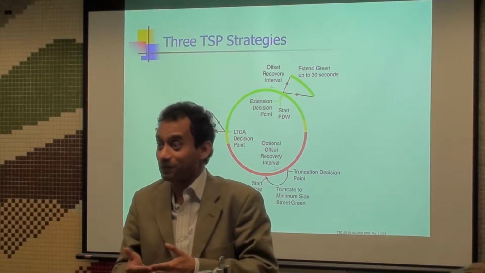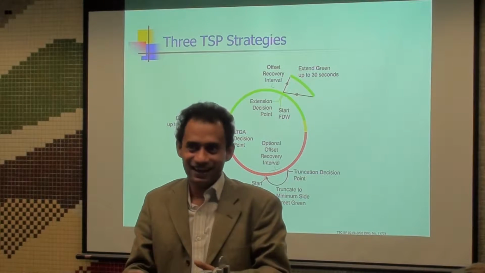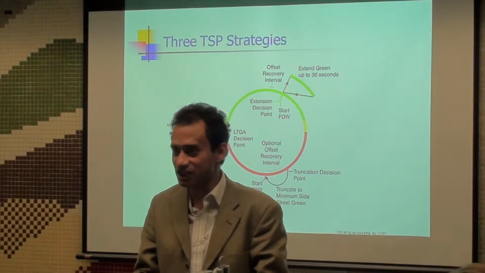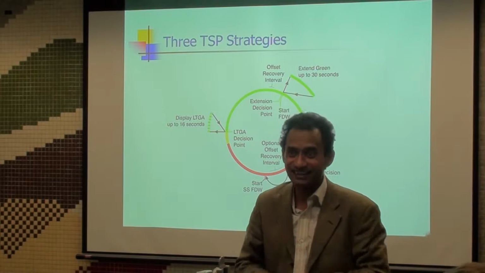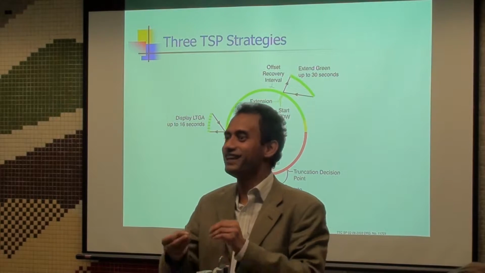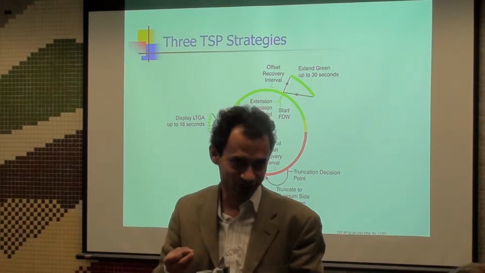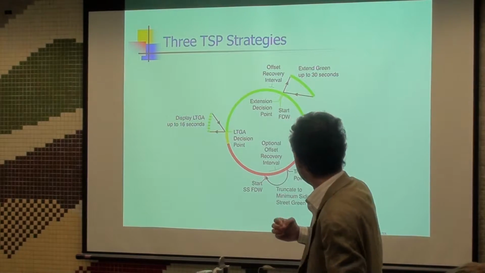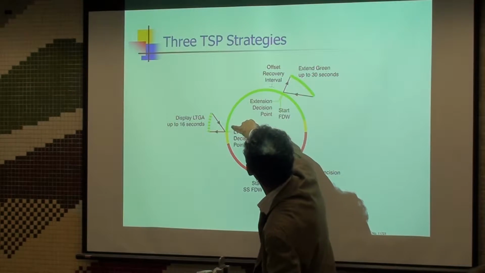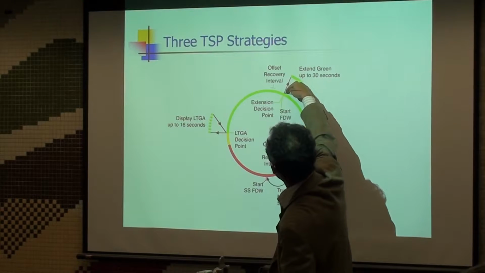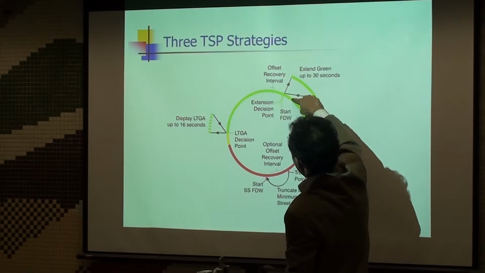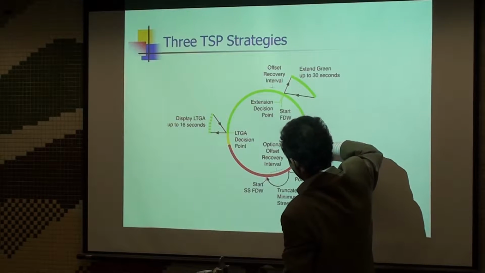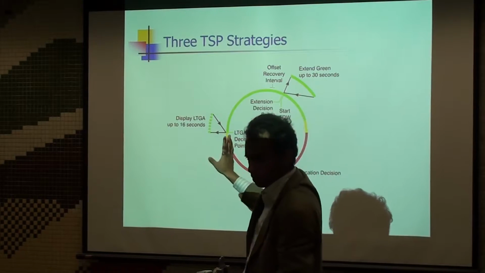And once your priority is given and the bus passes through that intersection, you also have to do offset recovery, recovering what you have done. So mainly it is green extension, some sort of signal priority, then red truncation, and then offset recovery.